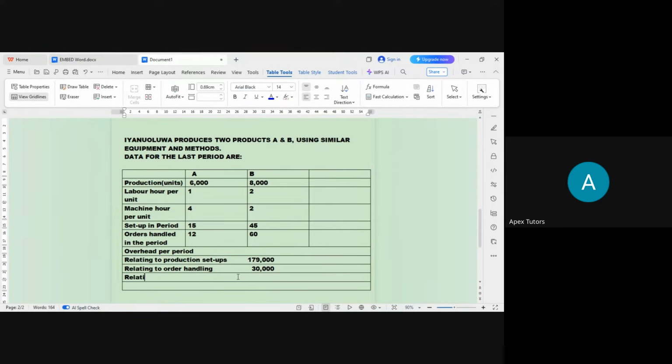So we have the overhead relating to machine activity. We have this as 55,000. So total, we have 179, 30, 55. Now the question is what?